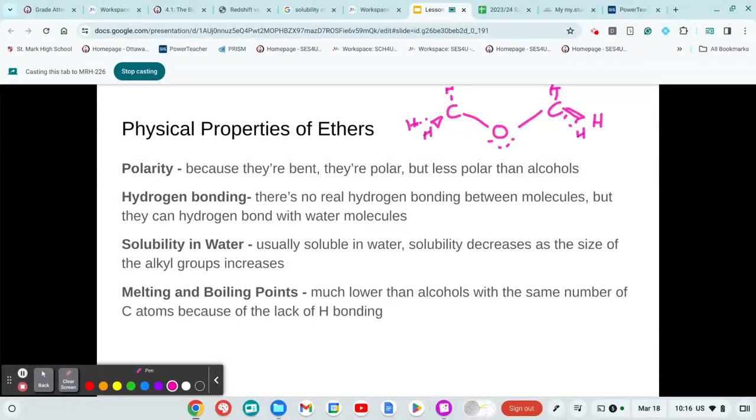Is the bond between carbon and oxygen polar? Yeah. So oxygen is going to be pulling electrons away from the carbon, and that oxygen is going to end up a little bit negative. So is this molecule polar? Yeah. So this is a polar molecule. It's got oxygen in the center, but does it have hydrogen bonding with itself?